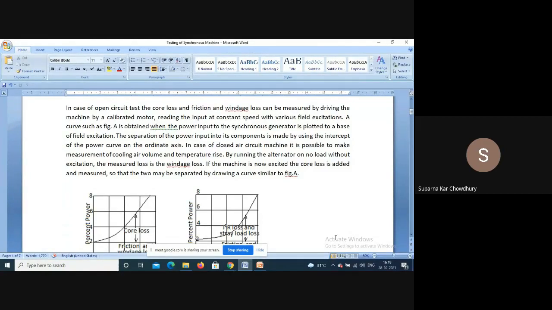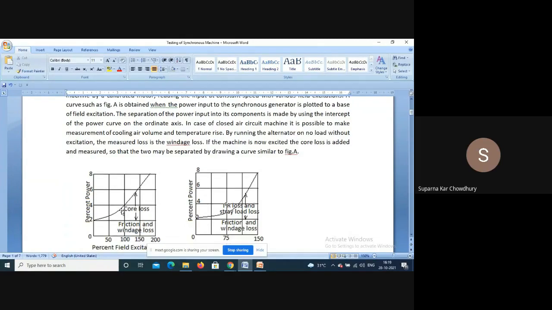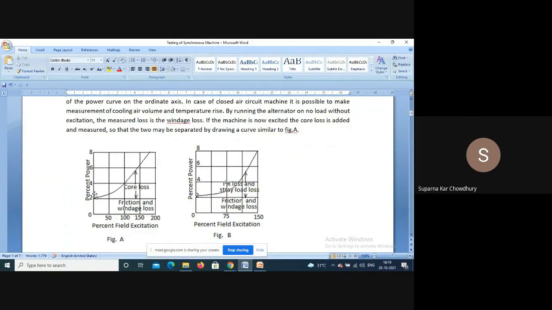If we plot the loss versus the field current, the curve is nonlinear, and it will cut the y-axis at some point for zero excitation. This will give you the friction and windage loss. So the core loss and friction and windage loss can be separated by plotting this curve from the open circuit test.